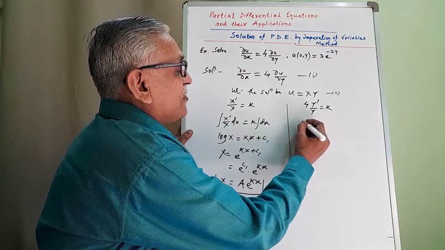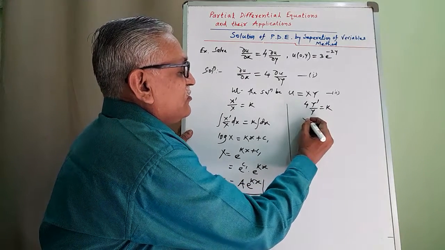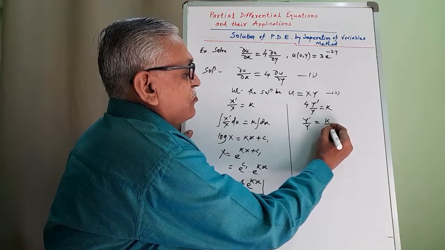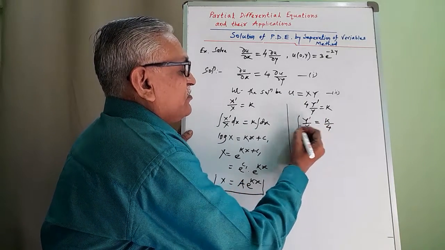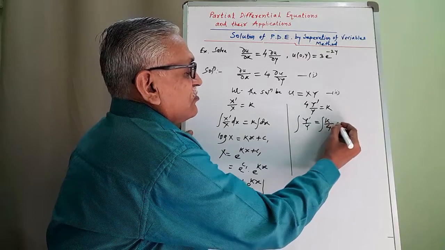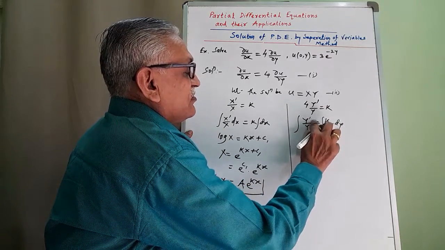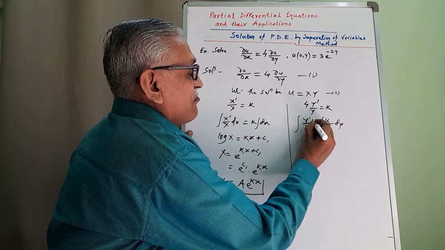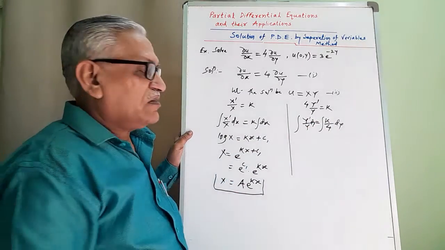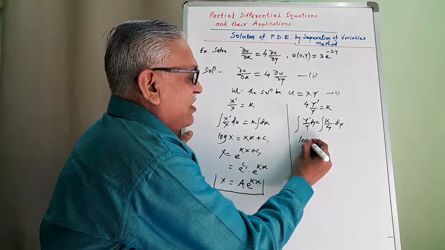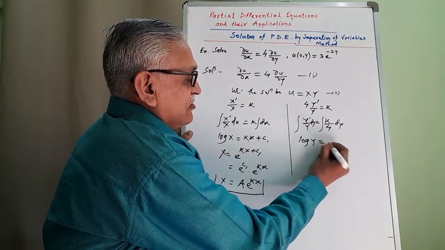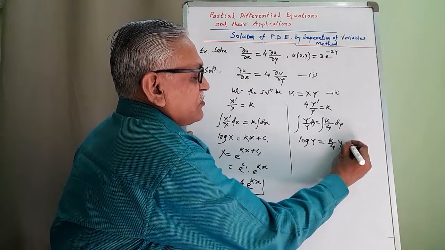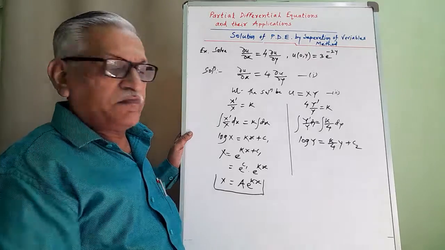Transferring to the other side, we get Y'/Y = k/4. Then integrating this with respect to y, its integration is log Y = (k/4)y + constant of integration c2.